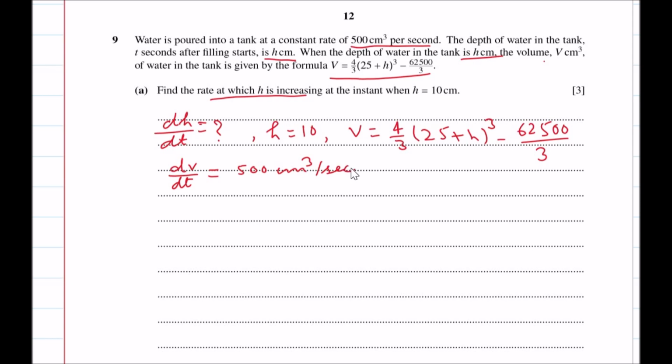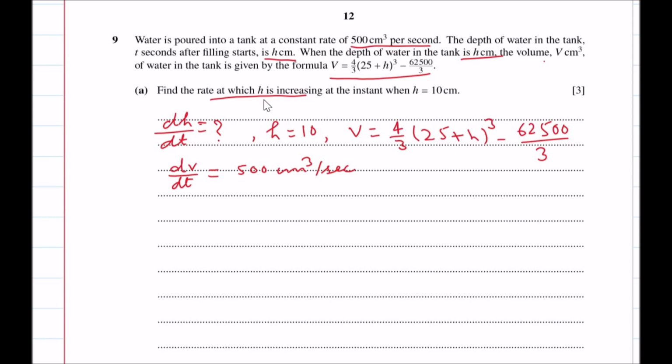Now, as you can see here, this is a question from connected rates. So if you write the connected rate here, we get dv by dt equal to dv by dh into dh by dt. So actually dh is required, and that we will get when we differentiate volume with respect to h.